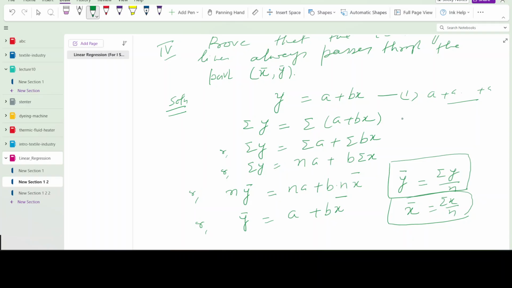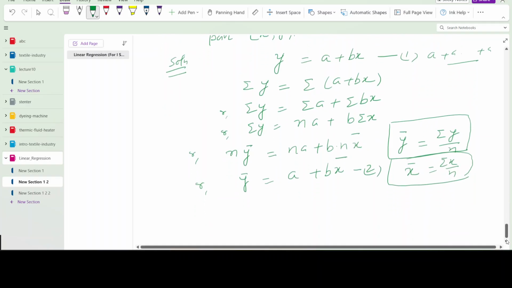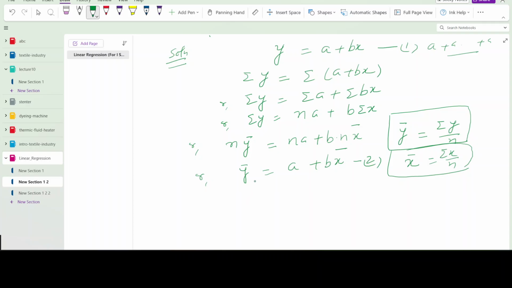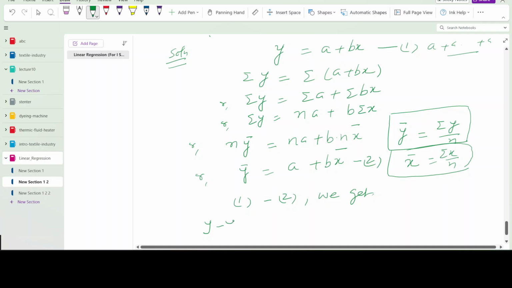This is our equation 1, and this is our equation 2. Now use 1 minus 2. Using 1 minus 2, we get y minus y bar is equal to b into x minus x bar.